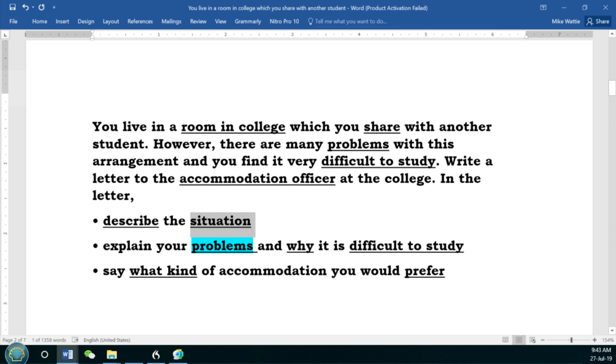In the sample I'm going to show you, the candidate outlines a problem of a noisy roommate. So describing the situation, they're describing a noisy roommate and why that's creating a problem.